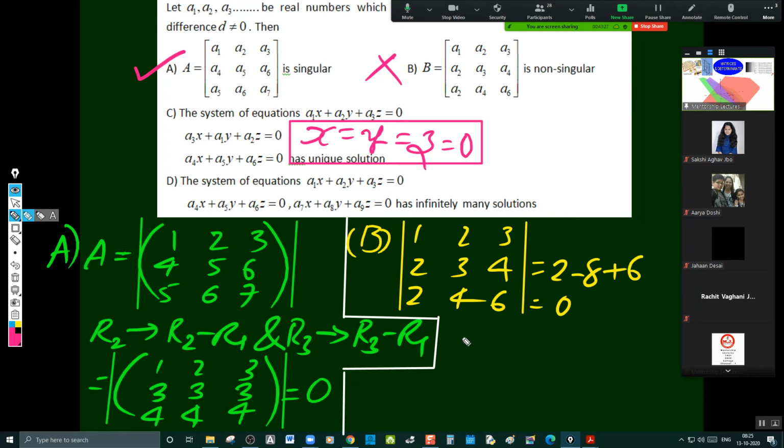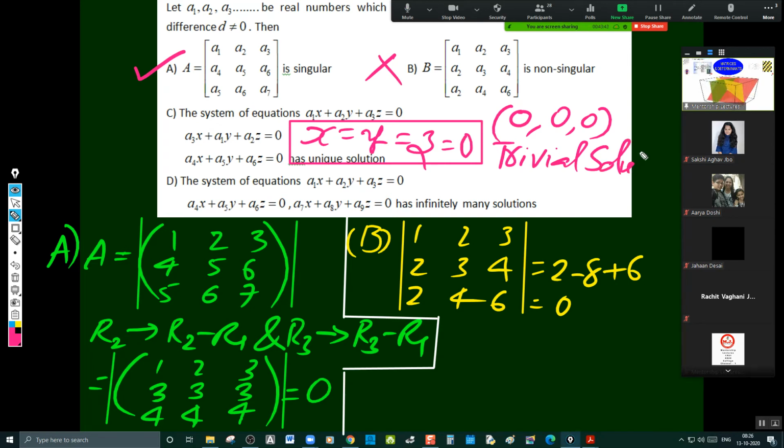Also means, this is called a trivial solution, or zero solution. What should be the other solution? The non-trivial solution. Whether a system of homogeneous linear equations has a non-trivial solution or not, how do we decide that?